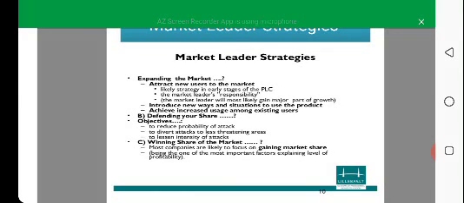Then they introduce new ways and situations to use the product, and increase usage among existing users.